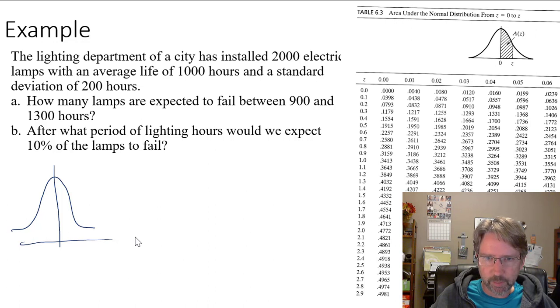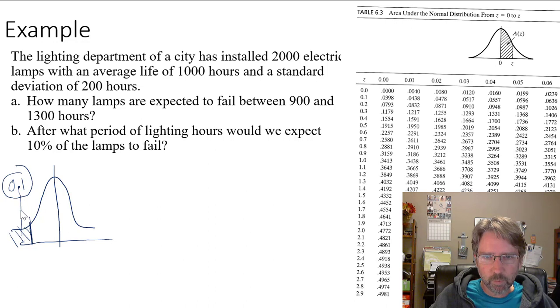And 100% would be up in infinity, and more than 50% would be higher than the mean, less than 50% would be lower than the mean. So we're going to be down here somewhere where this area is 10%, 0.1.